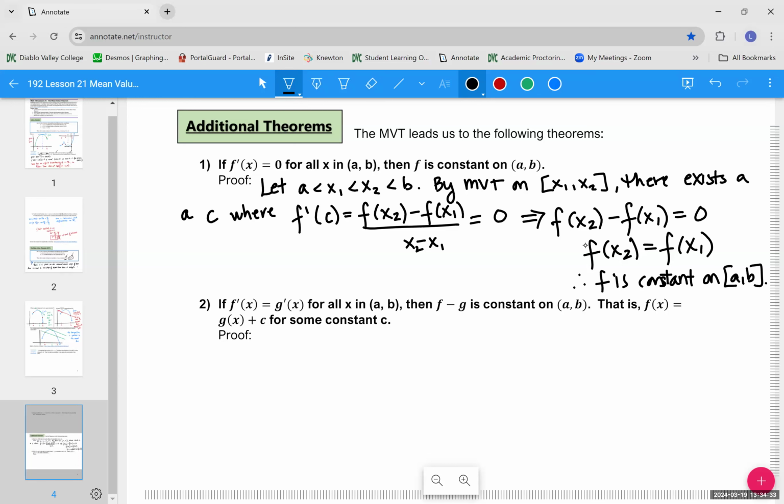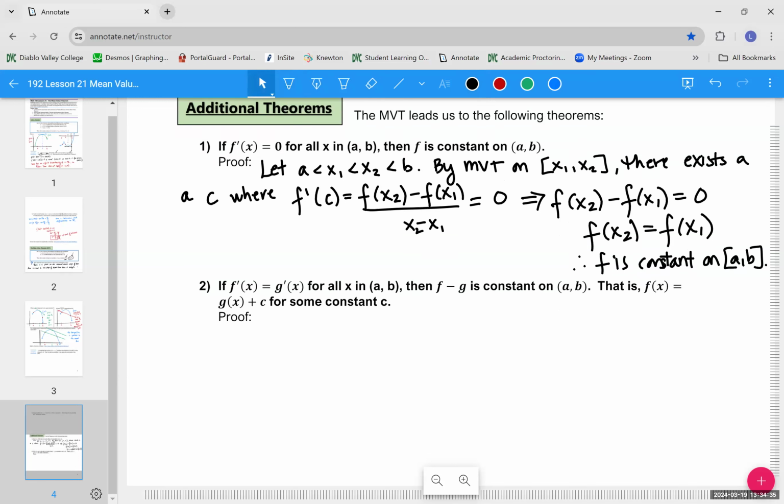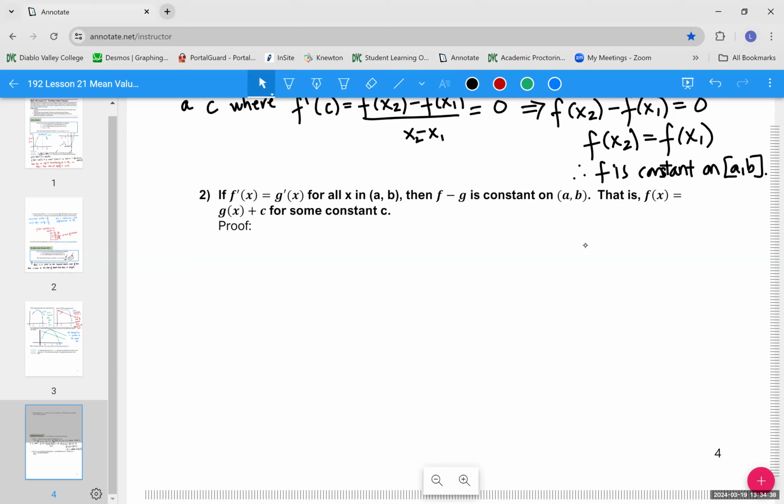And same thing goes for this next theorem. If f prime of x equals g prime of x for all x in an interval, then f minus g is constant. So in other words, the f function is just the g of x function plus some constant. So again, this is something that I think we've talked about already, but to prove it, we're going to take the capital F function to be the f of x function minus the g of x function.